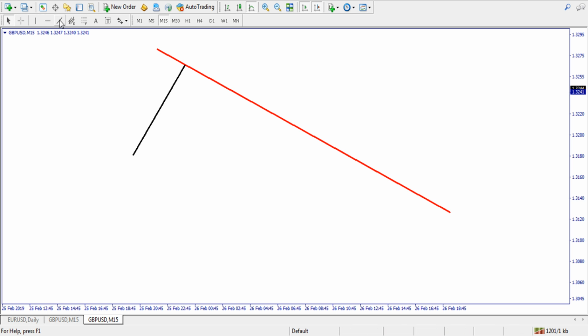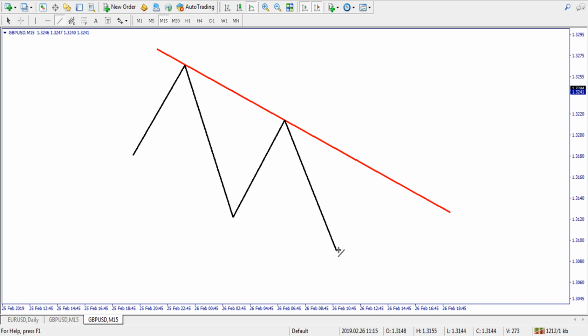It bounces from it like that, then it heads down, comes back again to the same level, then it heads down, then it comes back again to the same level, then it heads down. So this is one other way. This is like a horizontal resistance.